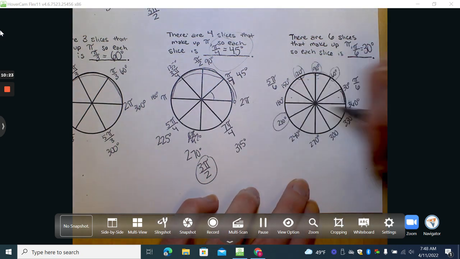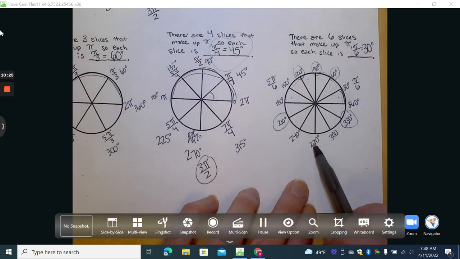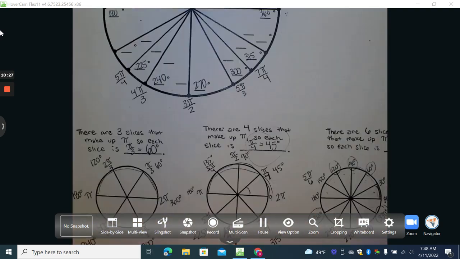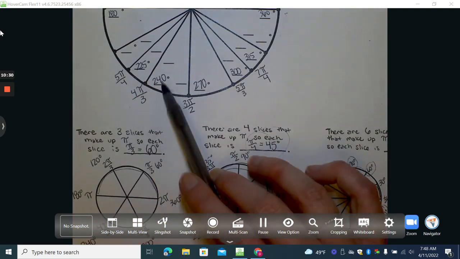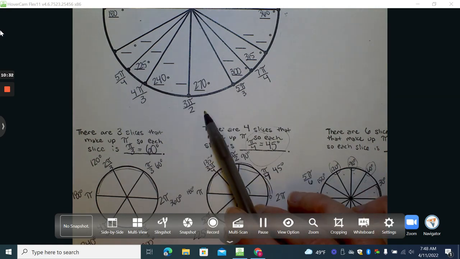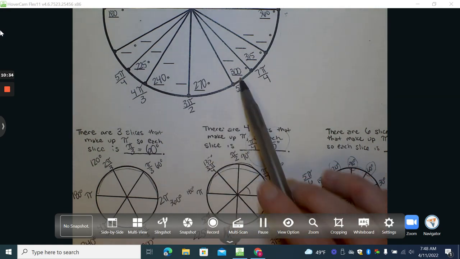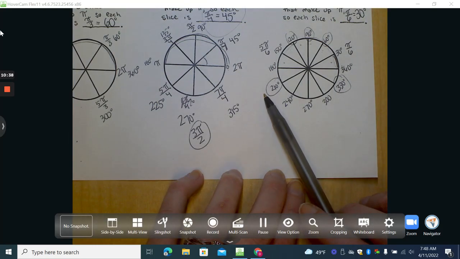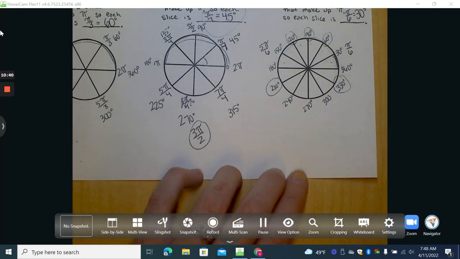The only two spots I need though are these, because 240, 270, and 300, I already have those. 240 is 4 pi over 3, 270 is 3 pi over 2, 300 is 5 pi over 3. The only two pieces I need are 210 and 330.